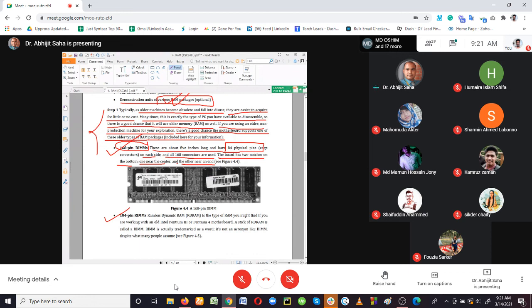So this is trying to show you how a 168-pin DIMM RAM looks. We have this RAM module, this stick of RAM. You can see this part, which is like the chips. This is the golden plate, and these are the pins, 168 of them.